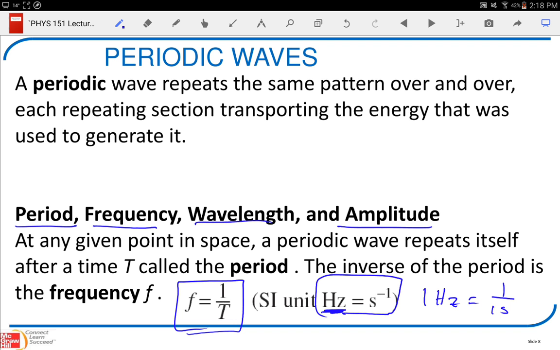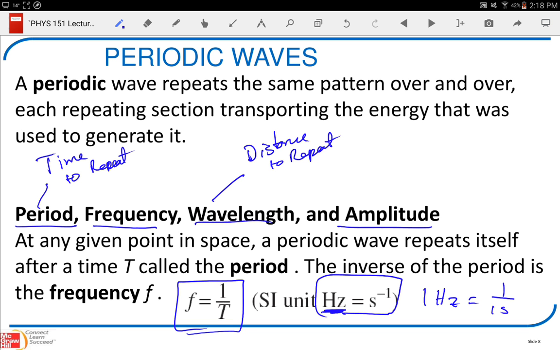So that's the frequency. Then we have the wavelength. I'm going to write here, period was the time to repeat. The wavelength is the distance to repeat. Now, if I'm talking about a simple pendulum, something that's going back and forth, it's not traveling.